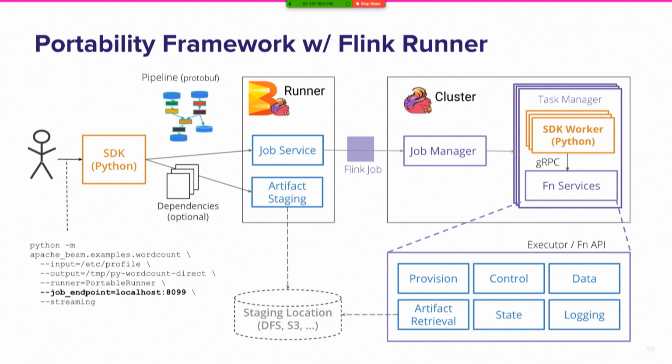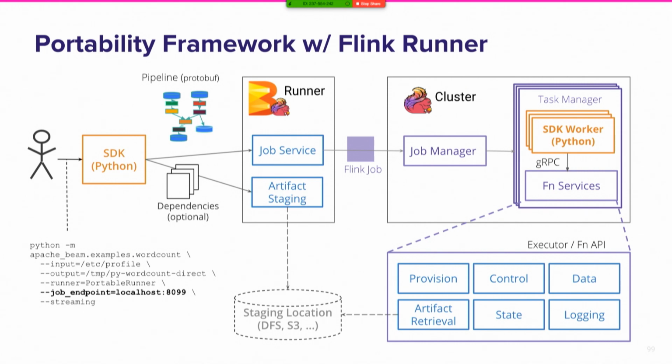So now let's look at how this works in the context of the Flink Runner, because that's really what we here at Lyft are interested in. You have the pipeline written in Python, and the user would submit it using a Python command. The interesting piece in that is a job endpoint. That's the address of a runner that can receive the pipeline that the SDK client has created.